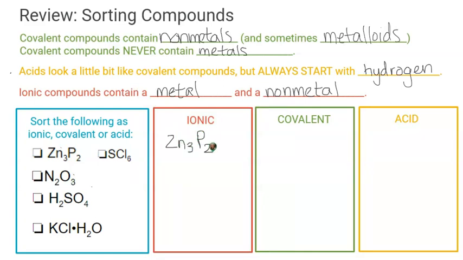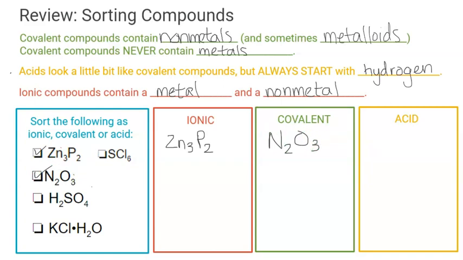We'll put that in the ionic category, and then we can check that off. N2O3, this we said doesn't have any metals in it, and then we had to question, does it start with a hydrogen atom? And no, it does not start with a hydrogen atom, so this fits into the covalent category. So N2O3 we'll put in the covalent category.